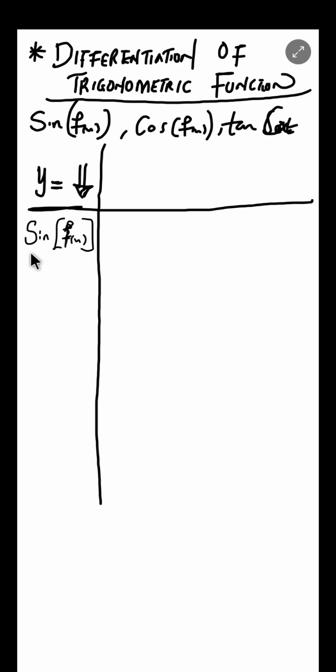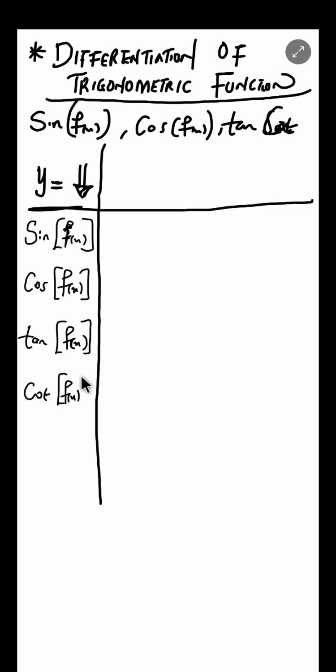What if you have cos of a function, and at the same time we have tan, make sure it's in order, tan of a function. Then we also have cot of a function of x, sec of a function of x, and cosec of a function of x.